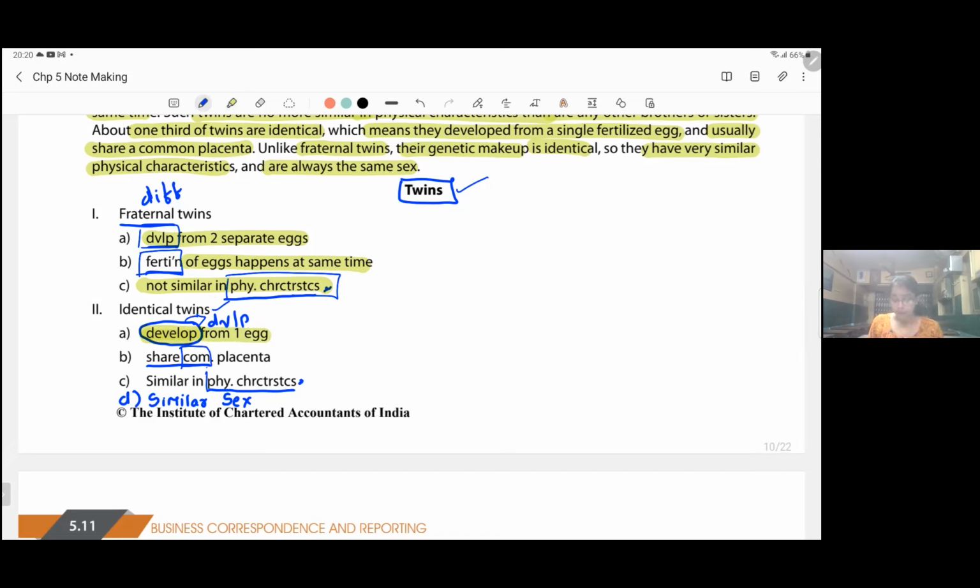Next is the subheading that is similar in physical characters, and here in the D point they need to write similar sex, right? It was necessary to write all four points, but they have not written the last point.